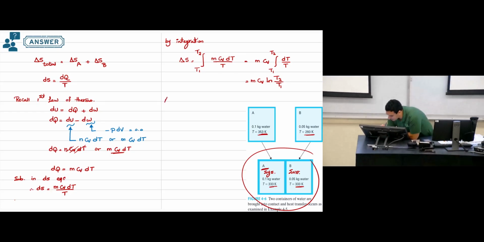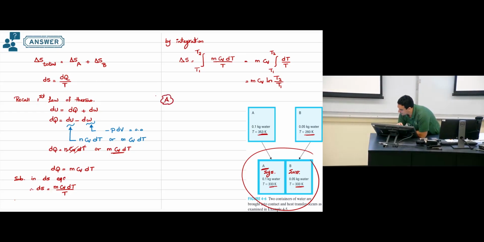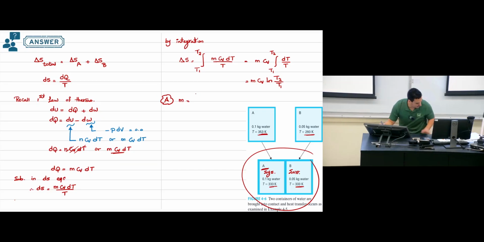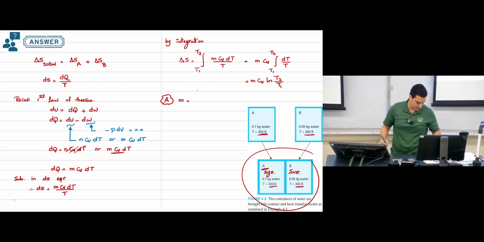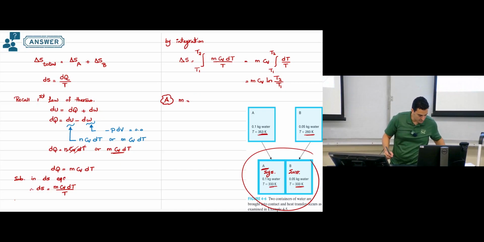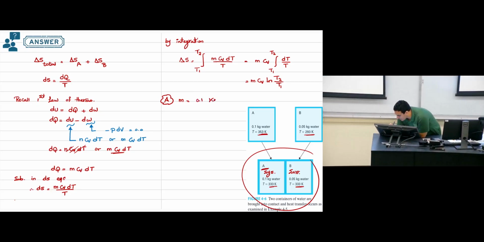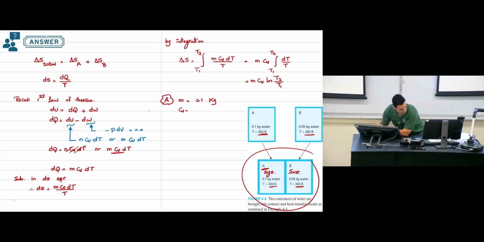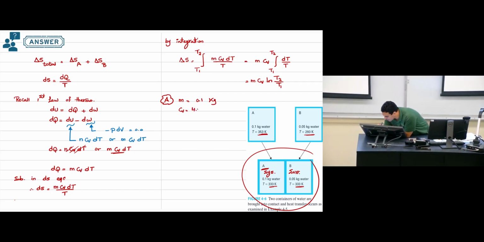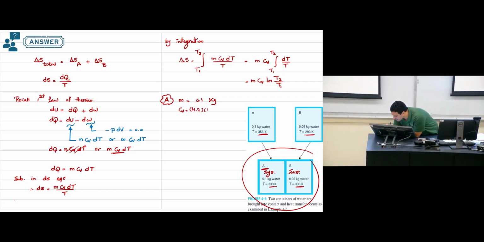We have vessel A. The mass we have in vessel A is 0.1 kilogram. CV, the heat capacity, is 4.2 times 10 to the power 3 joule per kilogram Kelvin.